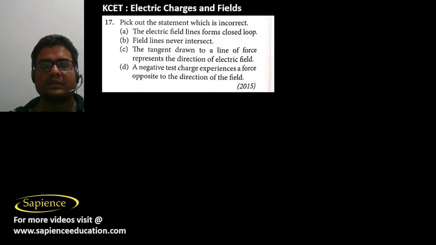Then question number 17: pick out the statement which is incorrect. Electric field lines never intersect. The tangent to the line represents the direction of the electric field. A test charge experiences a force. So option A is wrong. Why do electric field lines never form closed loops?